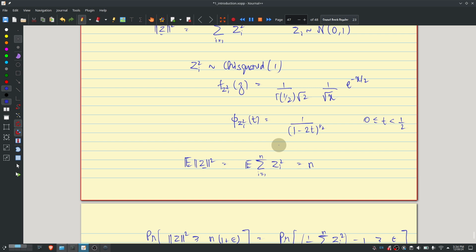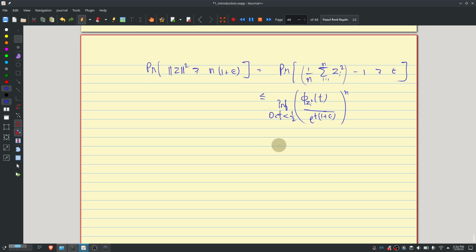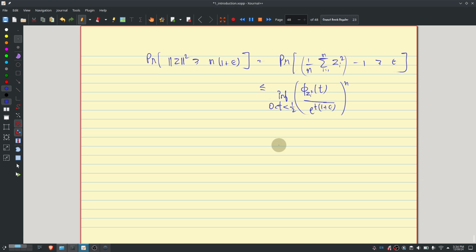If t is greater than half, then the moment generating function is an integral, and the integral is defined only when t is less than half. The function is not defined. Right? So what does this give you?